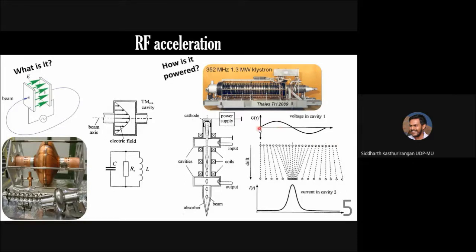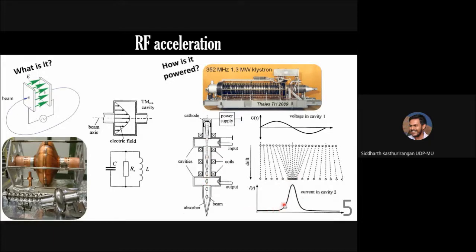And when it passes through the AC voltage which you have applied, the electrons which are incident during the positive half cycle will gain energy, and the ones in the negative half cycle will lose energy. So when you input a steady beam of electrons, at the output end you get a highly bunched beam of electrons.